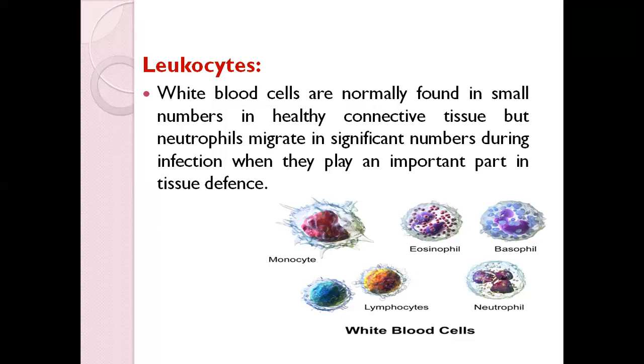Related to this immunity, you'll be learning more in detail when you study the lymphatic system. In that unit of anatomy and physiology, you'll be learning about immunity and the different types of immunity. These white blood cells are normally found in small numbers in healthy connective tissue.